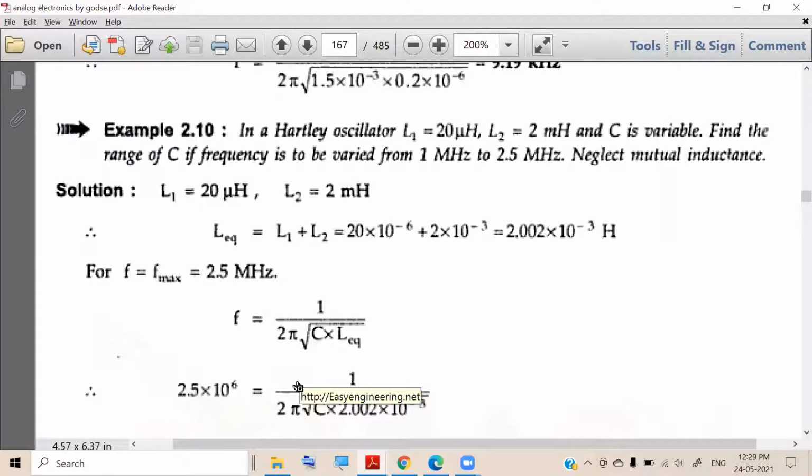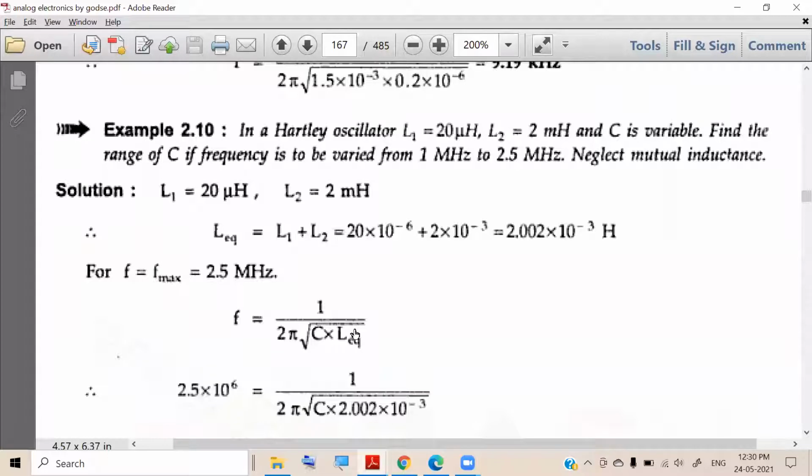So C value, how much are we getting? Please answer. Students, what is the problem? Easy calculation, isn't it? I told you how to solve this also.